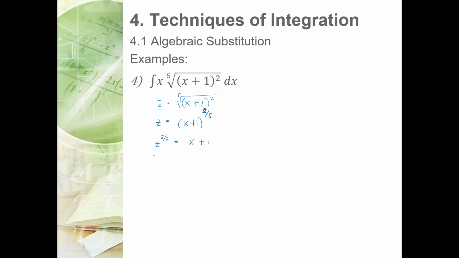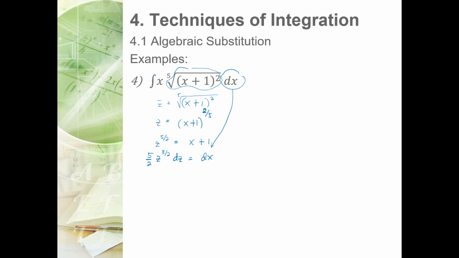So getting the dz, for us to be able to get dx: 5 halves z, then minus 1. This becomes 3 halves, right? So dz is equal to dx, and this one can be replaced by that term.